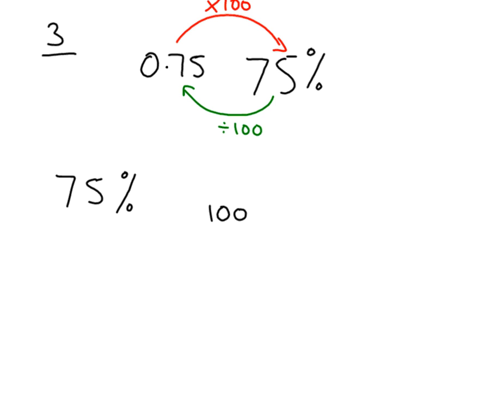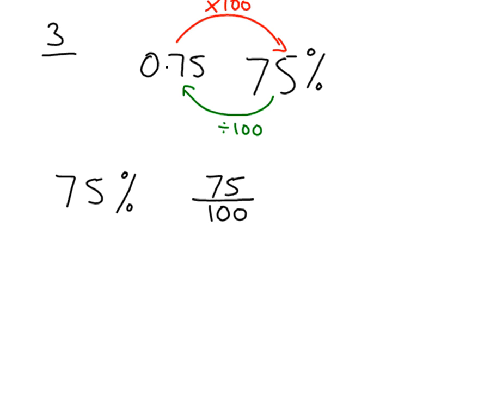So we want 75 pieces out of 100. So now we've converted our percentage into a fraction. We can now simplify the fraction.